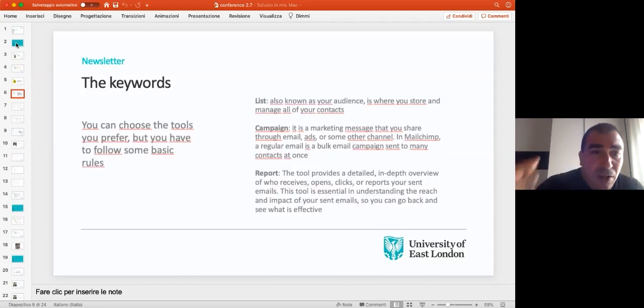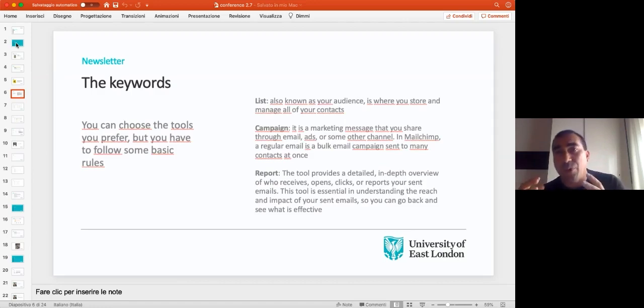So let's use some keywords about newsletter. You have a list. The first important thing you have to know when you are sending a newsletter is that you must have the correct list. You need to know who you are sending your email to. You need to know why you are sending it.